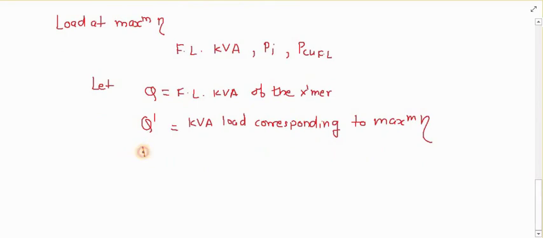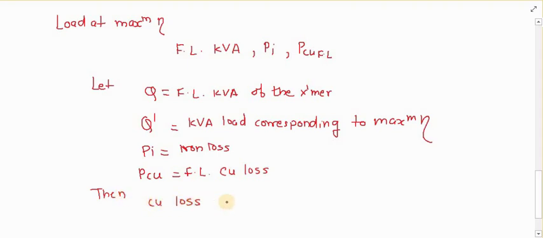Now let Pi be the iron loss and PCU the full load copper loss. Then what is the copper loss at Q dash kVA load?